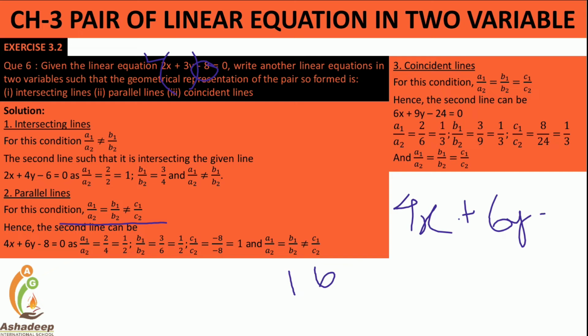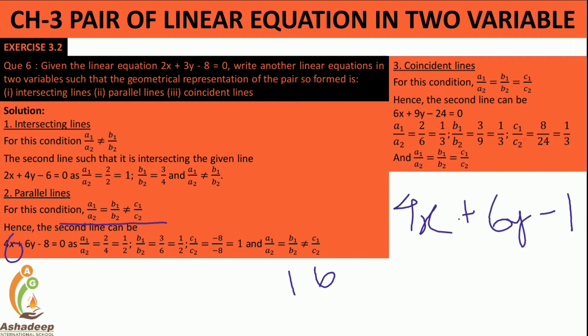So before that, I just put here any value other than 16. So for example, I put here 1. Now let's check. See here, this is the 2, this is the 4, right? Okay.